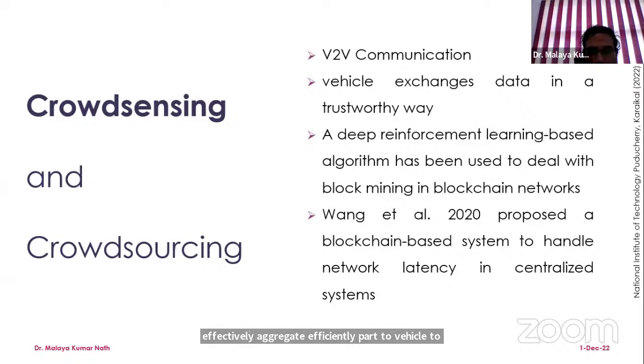This is very important to know the crowd condition, so you can find one effective route for a particular destination. Wang et al. in 2020 proposed a blockchain-based network to reduce the latency in vehicle-to-vehicle communication in crowd sensing. Next, we'll talk about crowdsourcing.